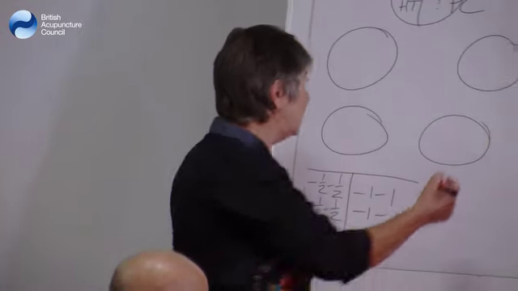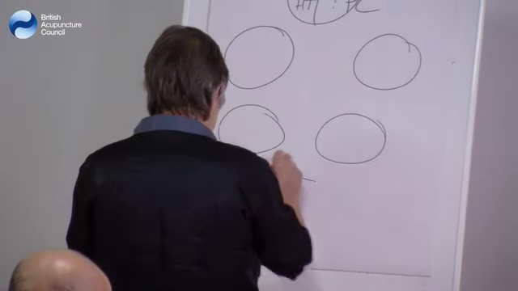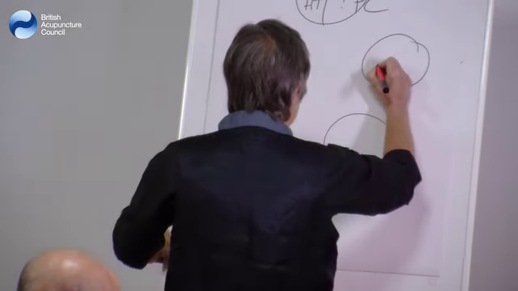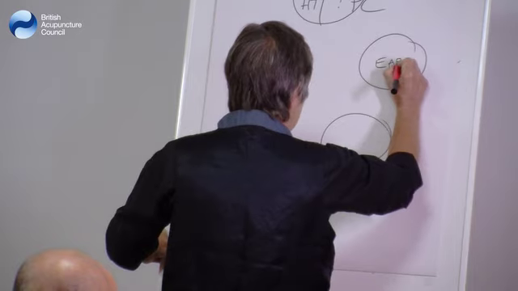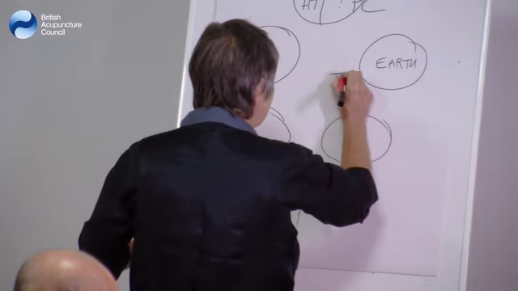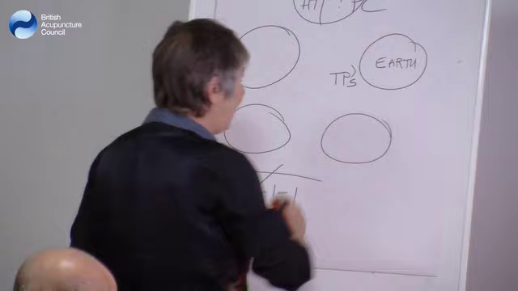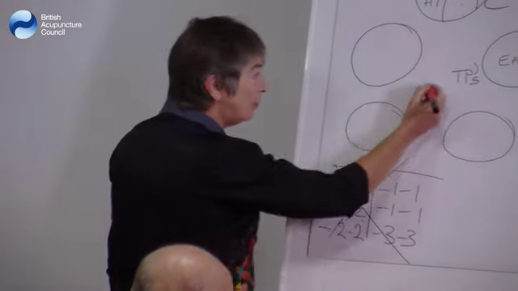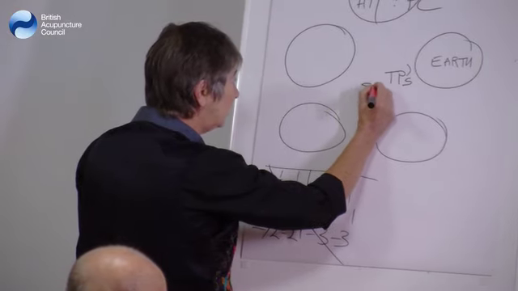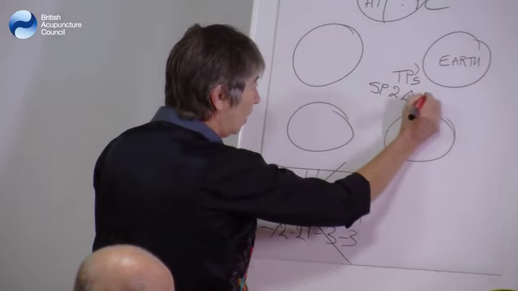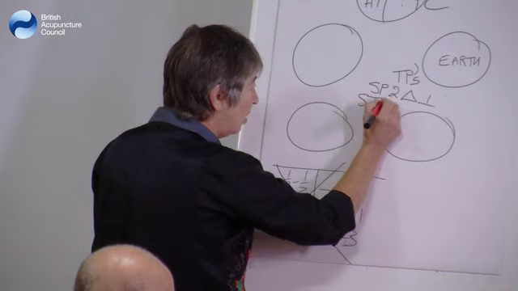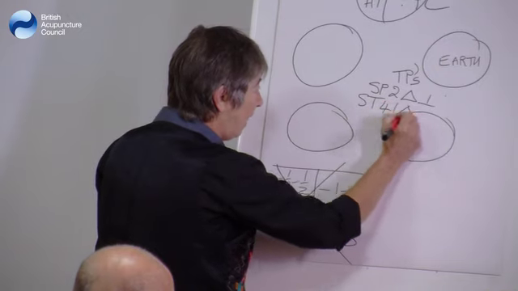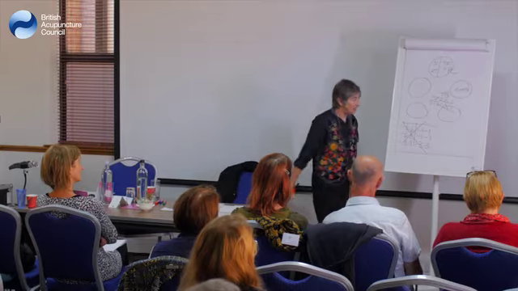You have an earth. So now we have a different pulse picture. You have an earth, and you do the tonification points. So that means you do spleen 2 and stomach 41. Moxa and needle.